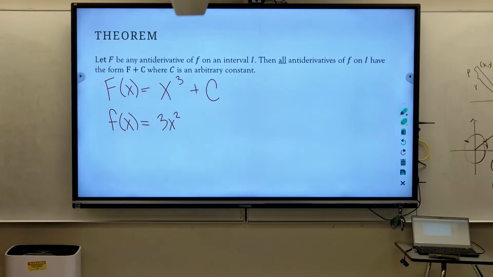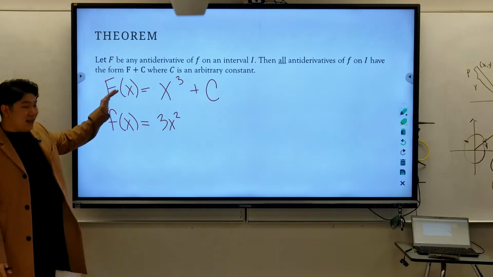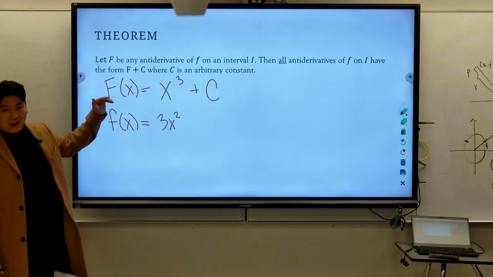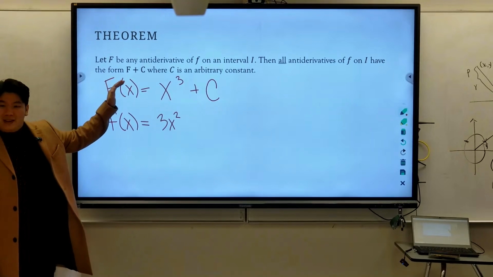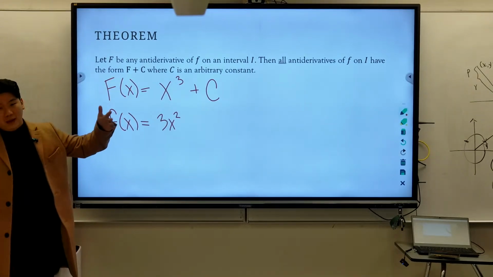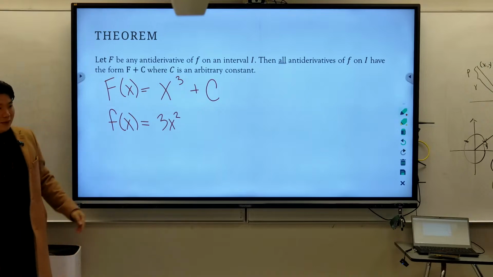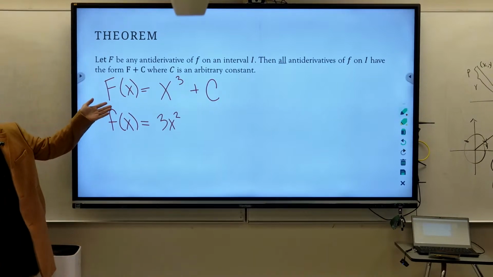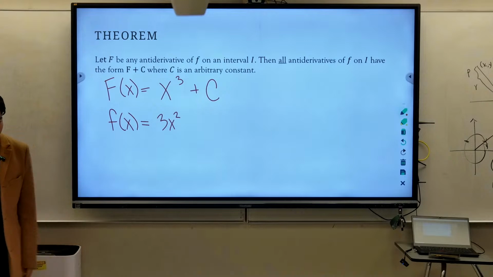It could be by itself x cubed, or x cubed plus 5, x cubed minus 28, x cubed plus pi, whatever. So instead of calling this an antiderivative, x cubed, I call it the family of antiderivatives, because we have an infinite number of options. C can be whatever your favorite number is.